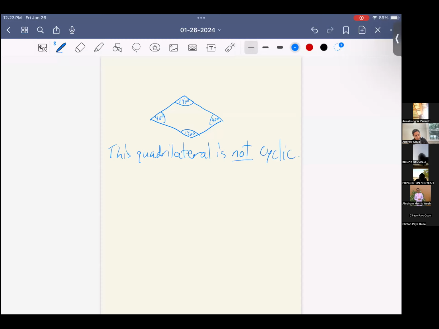It's not cyclic, and that's because if I look at the opposite angles, they don't add up to 180 degrees. This is because 140 plus 140 is not equal to 180. And likewise, also these two opposite ones, 40 degrees plus 40 degrees is not equal to 180 degrees.